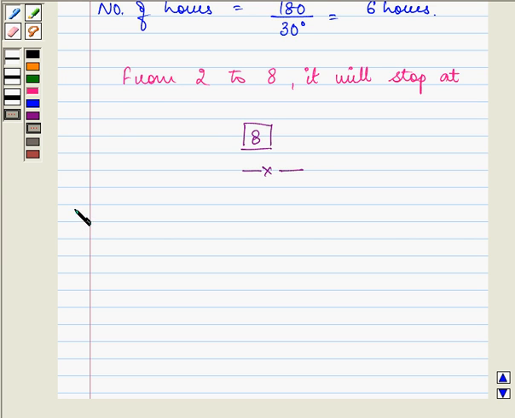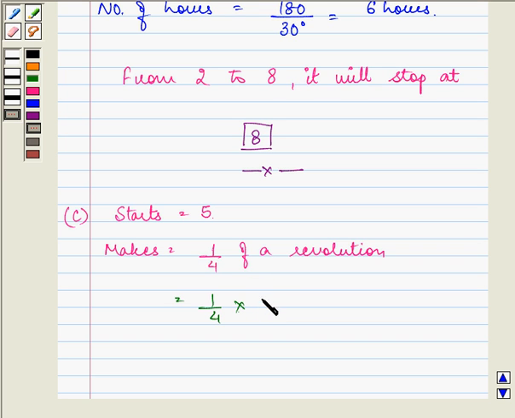Further, it starts at 5, makes 1/4 of a revolution now. That means 1/4 multiplied by 360 degrees. 360 is the degree converted into 1 revolution, and here we have 90 degrees.